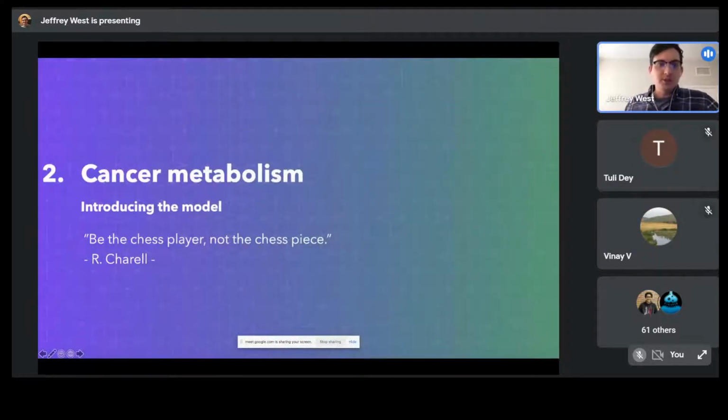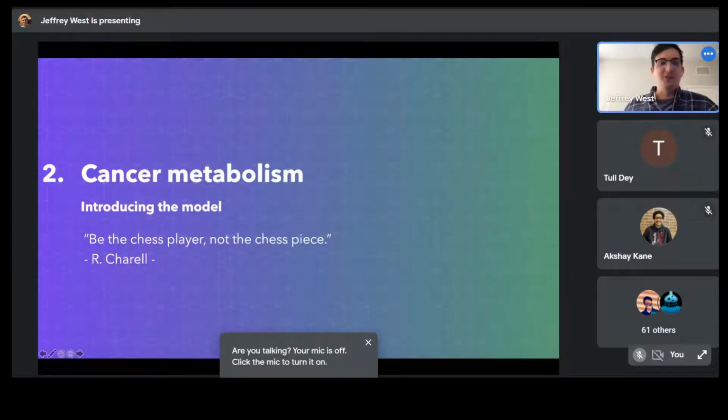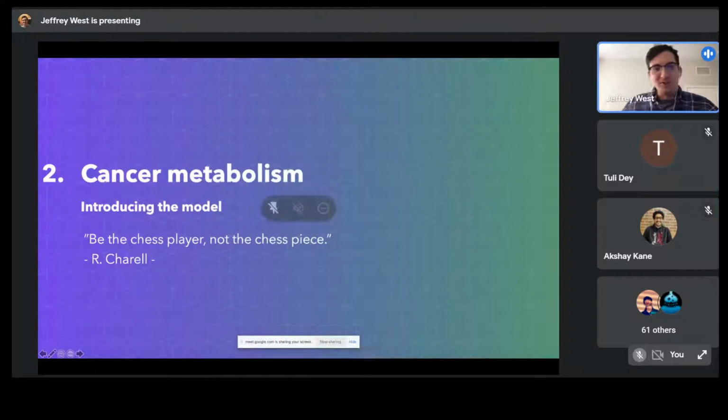Okay, I'll move on to the next section of the talk. This is a totally different model, but what's consistent is that it's an agent-based model. I like to explain this model in the context of a chess metaphor. I love playing chess, maybe some of you do too.